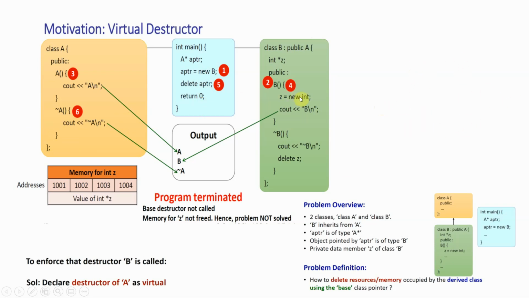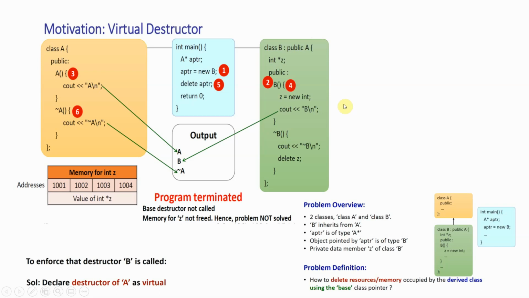But what happens to the dynamically allocated integer that z was pointing to? Even after we delete that object, z is going to remain in memory, because we were going to delete it in this destructor, but this destructor is not called because we deleted through aptr, and aptr is of type A star. Because of that we have a memory leak. Whatever dynamic memory we allocated here is going to stay in memory and occupy it.